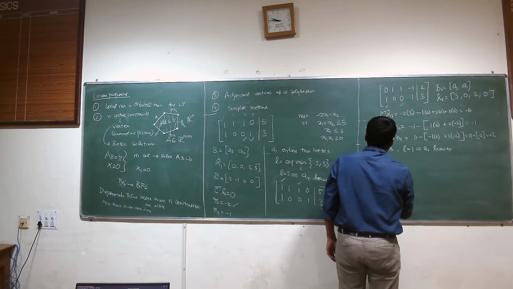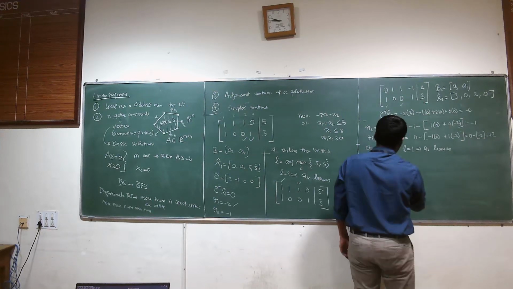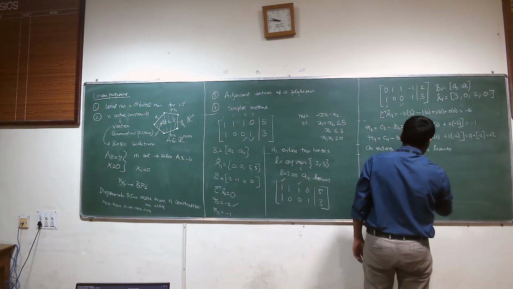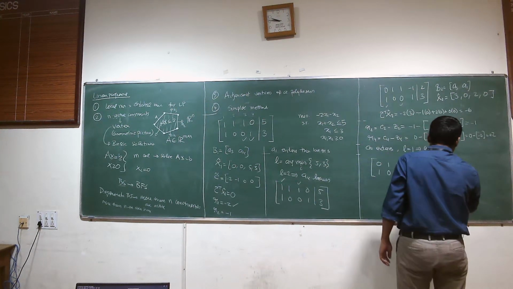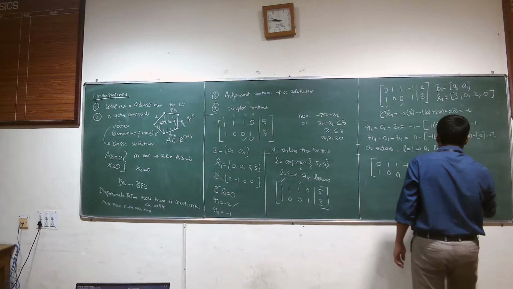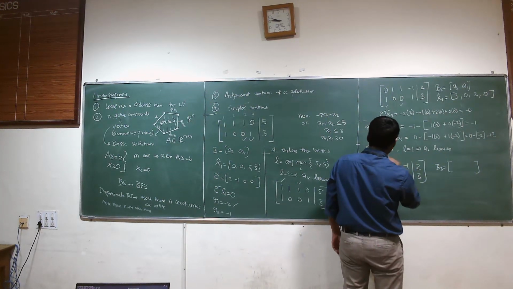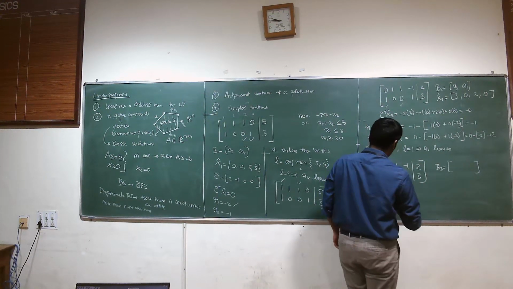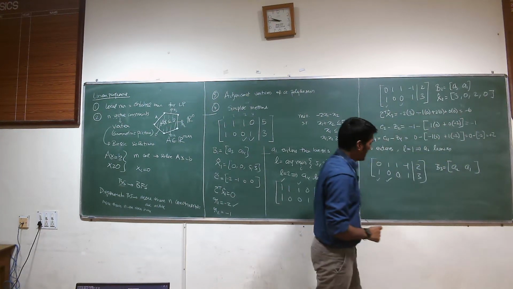And now we have 0, 1. So A1 is as it is. A2 enters, A3 leaves. So this will be 1, 3.